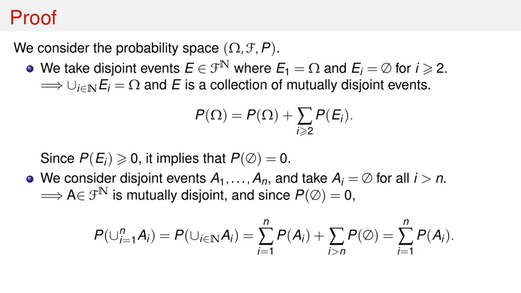Since P of the empty set is 0, the probability of the union from i equals 1 to n of A_i, which is the same as P of the union over all i in N of A_i, equals by sigma additivity the sum from i equals 1 to n of P(A_i) plus the sum for i greater than n of P of the empty set. This simplifies to just the sum from i equals 1 to n of P(A_i).